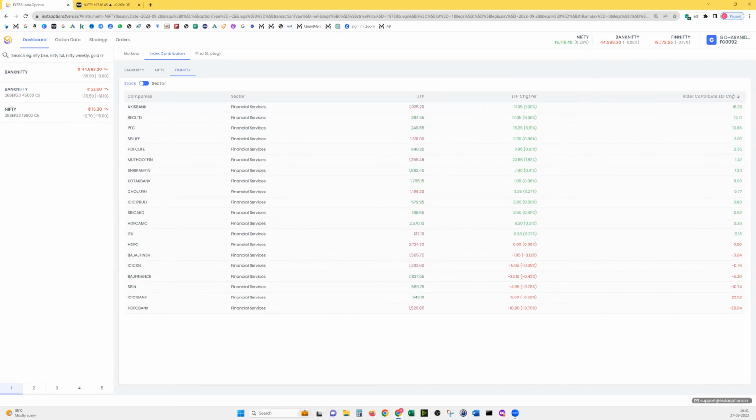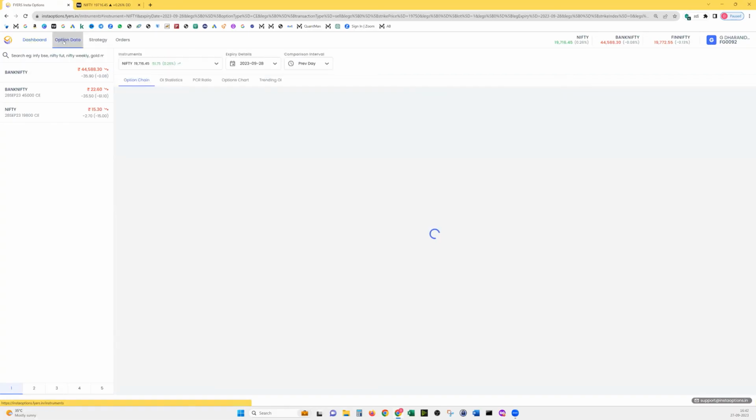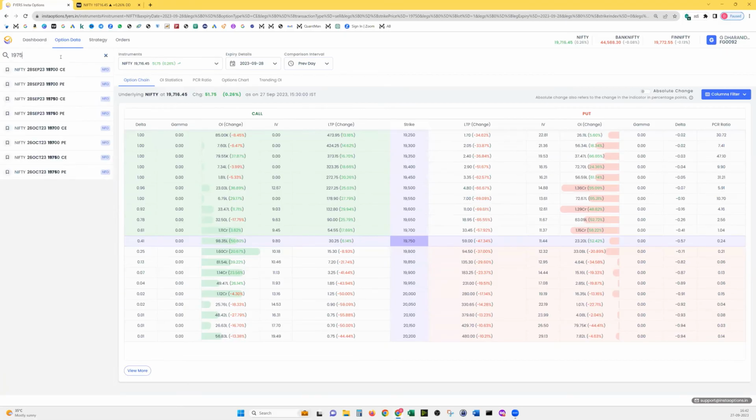So now I go on this aspect, where I look at how many points these stocks have contributed in the particular index. I was able to cover almost everything, but you can notice one thing very clearly. As a trader, I find it very hard, during the market, to add a 19,750 call option.